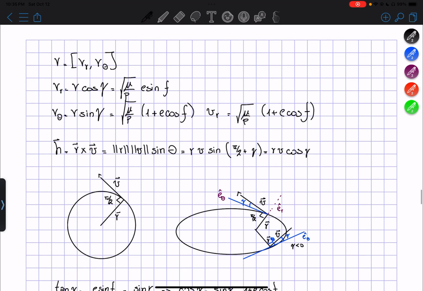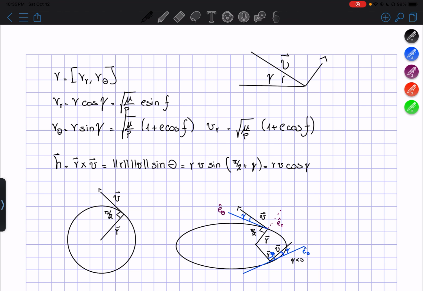VR, so if I have my v vector like this, and this is my angle gamma, then my VR, this is my v theta. I switched them somewhere. Yeah, I switched them somewhere. I'm not sure where, but we do end up getting the two formulas.